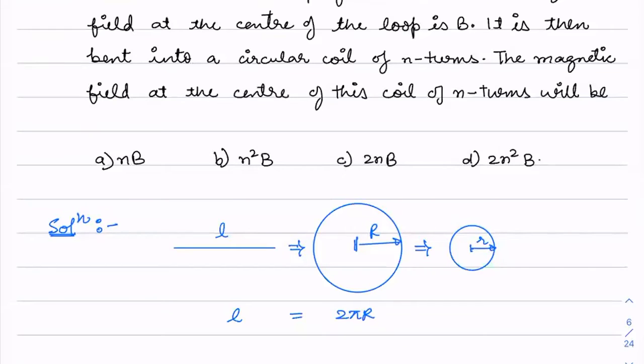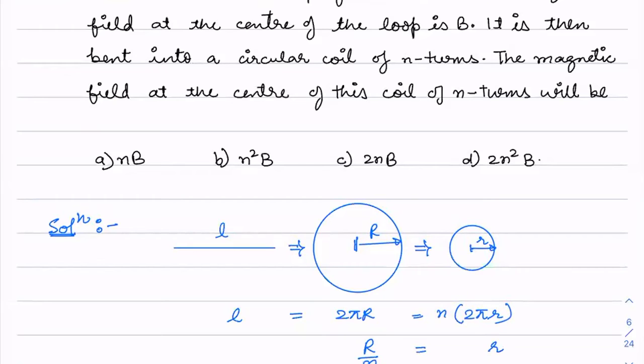So this is now how much? 2 pi R into N. Did you understand this? Now just see here, what is the value of small r from here? I can write it as capital R by small n. So this is the relation between capital R and small r.